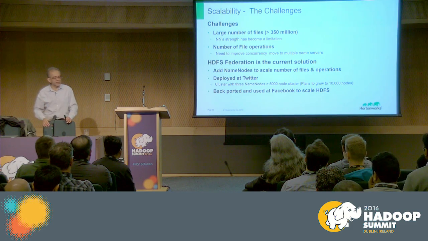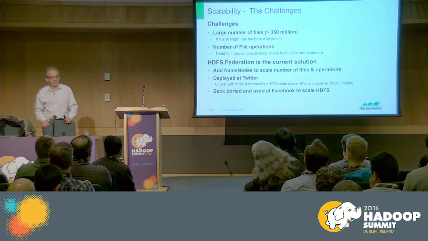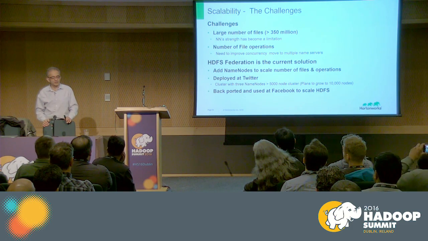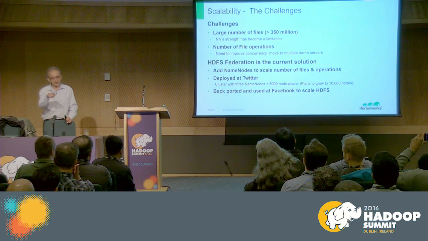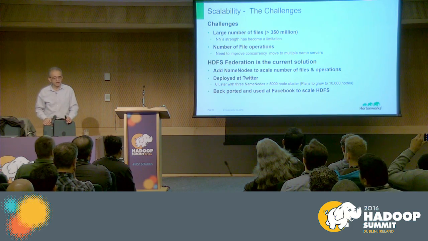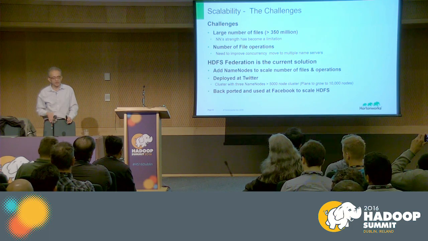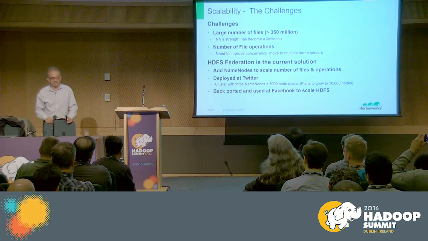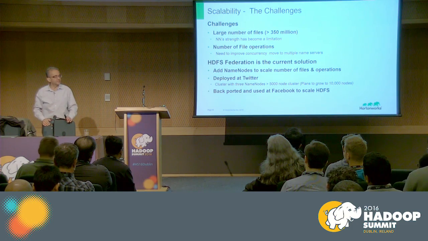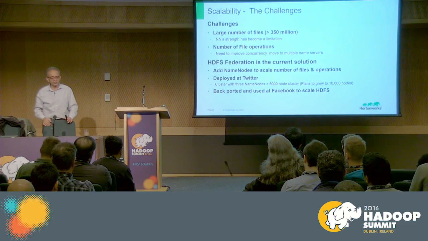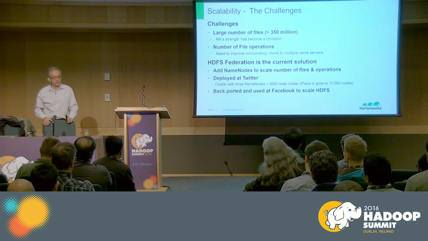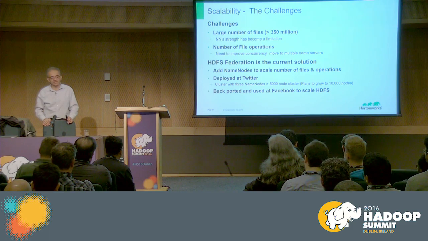It is in deployment at Twitter. For example, at Facebook, I should have also put that in there, sorry. They have clusters with 3 name nodes and over 5,000 node cluster. Sorry, this is at Twitter, that they have clusters with 3 name nodes and want to scale over to 5,000 and then to 10,000 nodes. This particular code has been backported at Facebook to scale HDFS in production use there.